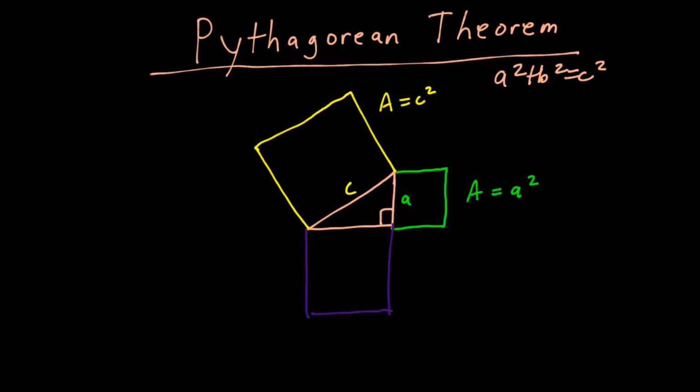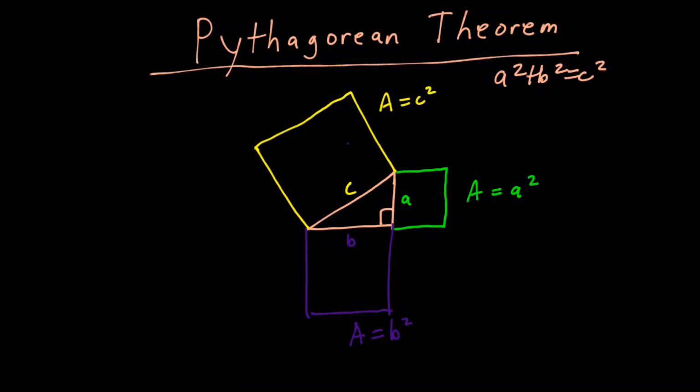And then this purple square, we're going to call that side B, so the area of this square is going to be B squared. So what the Pythagorean theorem tells us is that if we add the areas of the two squares that we made for sides A and B, they're going to equal the area of our square on side C. And that's where we get the formula a squared plus b squared equals c squared.